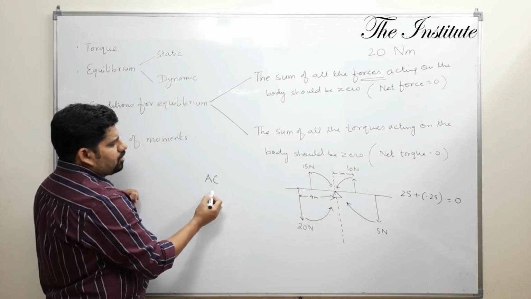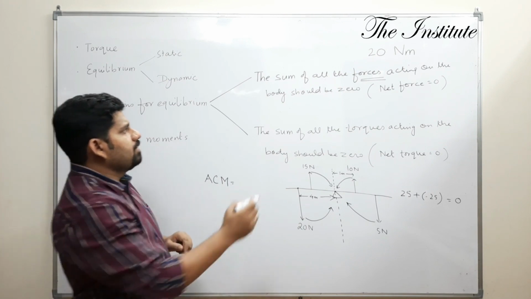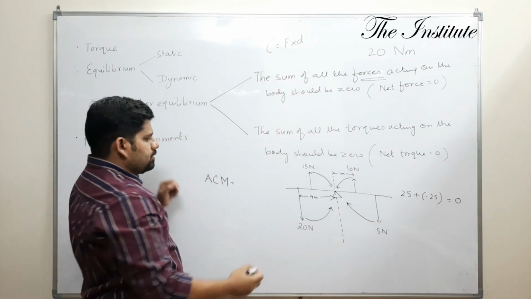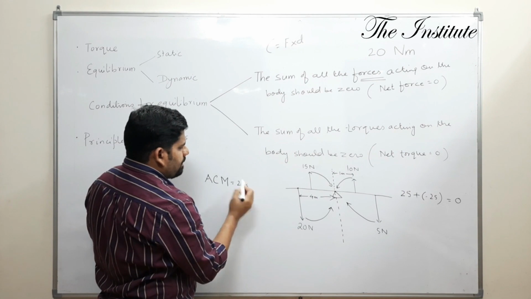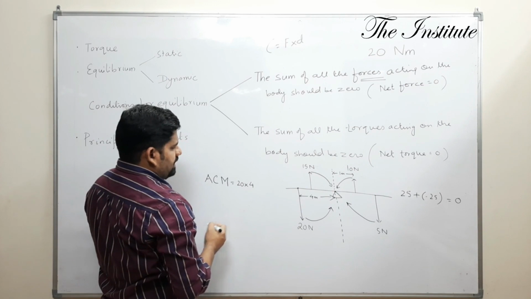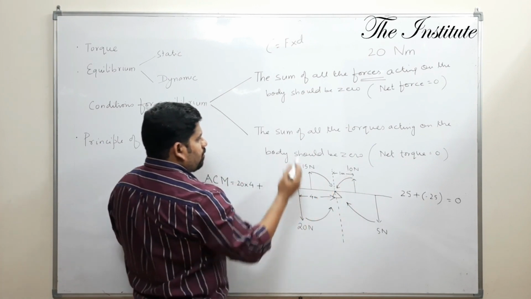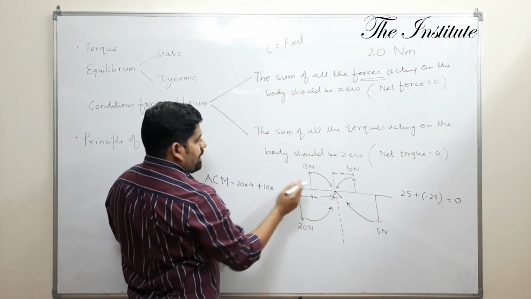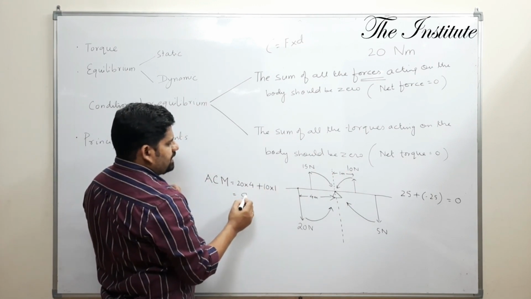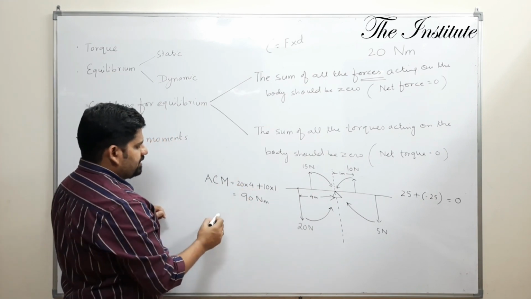So anti-clockwise moment or torque will be, remember, torque was F into D. So force 20 into its perpendicular distance from the fulcrum, 4. That is 80. Plus this one was also giving anti-clockwise. So force is 10 and its perpendicular distance is 1. So 80 plus 10, that is 90 Newton meter, is my anti-clockwise torque.